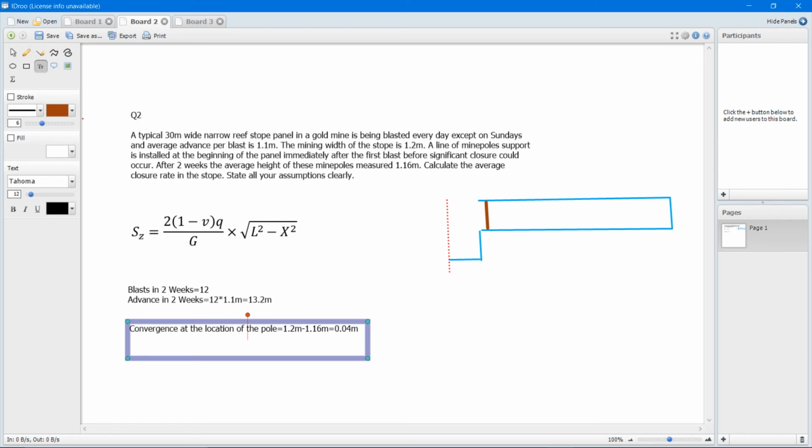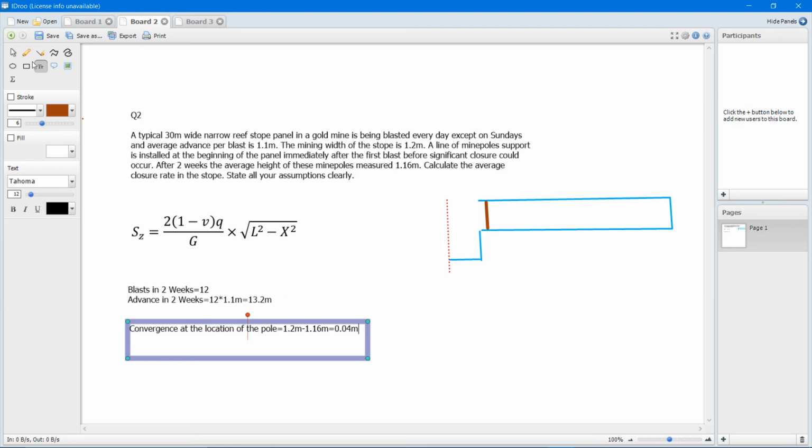Now, we've got 0.04. What do we know? We know that this blasting happened over 12 days, right? So we can use time, therefore we can measure the closure rate using time or using the advance. Now we know the advance was 13.2.